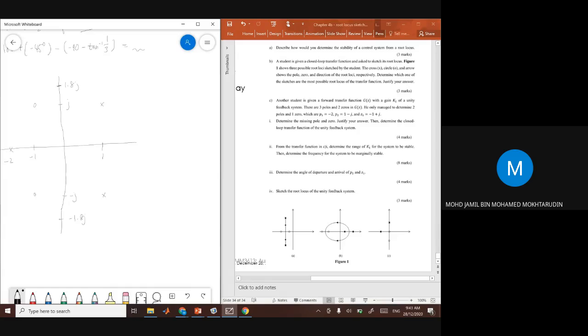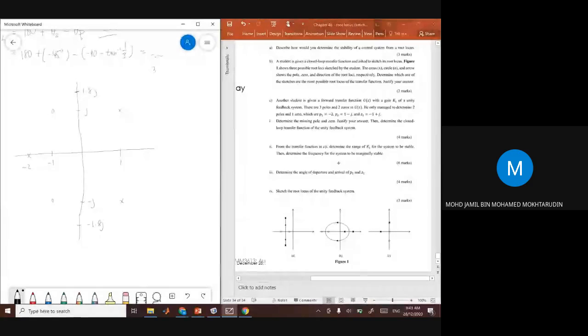Okay, so to sketch the root locus, you must make sure that you have the correct number of branches. So you have 3 poles, means you have 3 branches, and then they start from poles and end at zeros, and then symmetry.